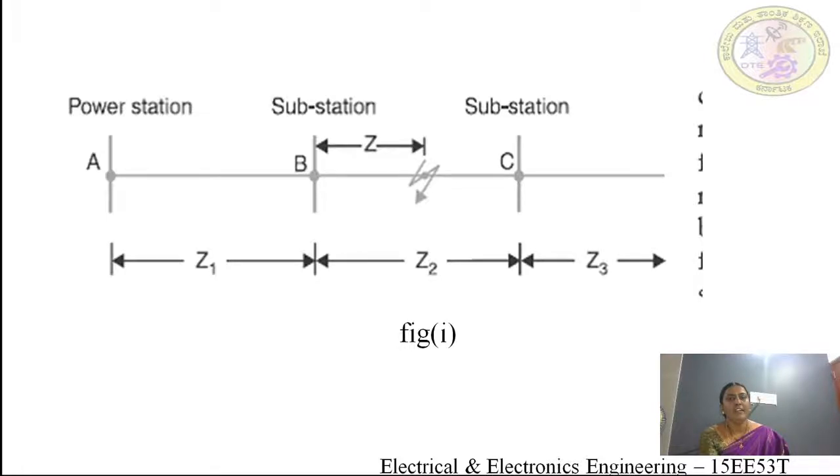If the fault is as shown in the figure, a fault in the section BC, then the relay at B will operate, and for a fault in zone AB, the relay at A will operate.